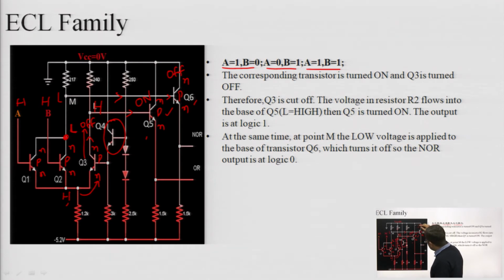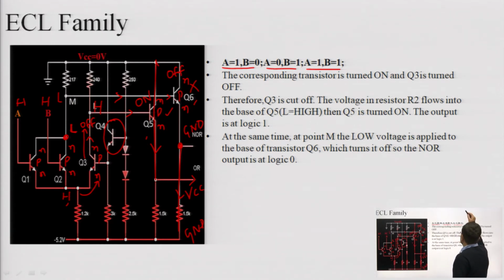So if Q5 is conducting, that means this prepares a path for VCC connection, that means OR will be getting VCC, and this Q6 is not conducting. If this is not conducting, then this can be connected to ground only. So that means Y NOR, this terminal will be connected to ground. Okay.